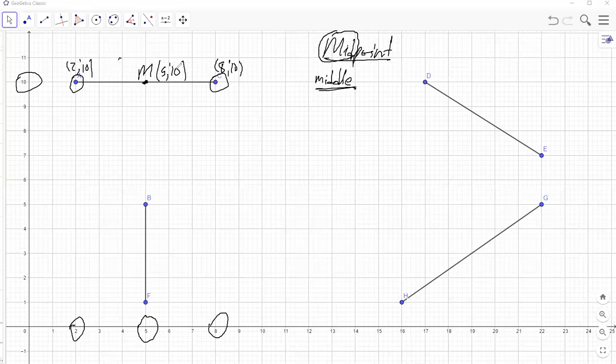We said the y value here is 10, right? How do you think we got this 10 in relation to the y value here and that y value there? And how do you think we got this 5 in relation to this x value here and that x value there?